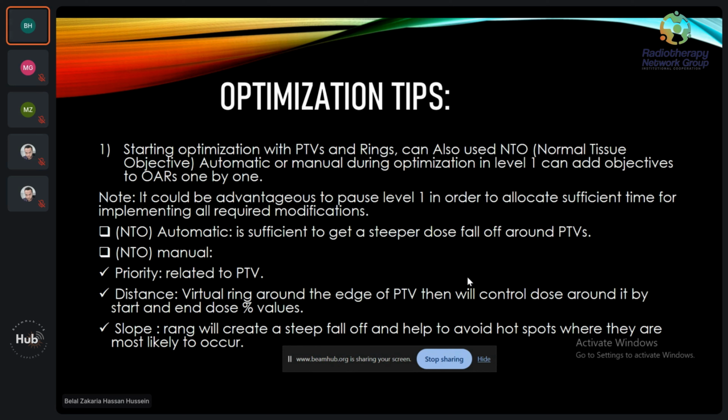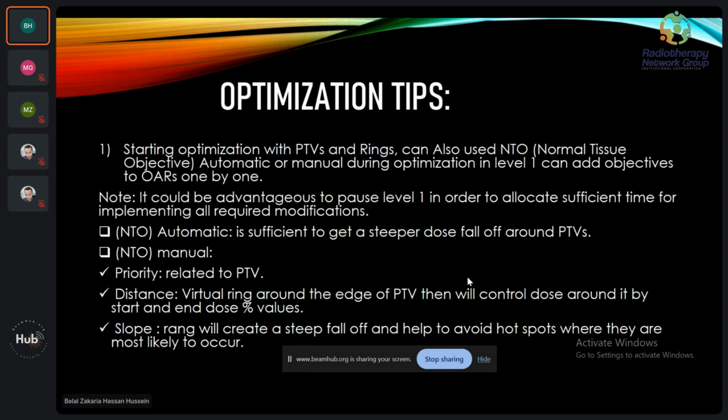In Monaco they make the quadratic, and now in Eclipse with the normal tissue objective, it makes a virtual ring around the BTV, pushing the dose inside and giving more control over the different dose levels outside the BTV.